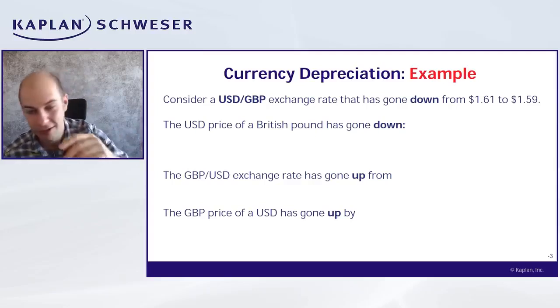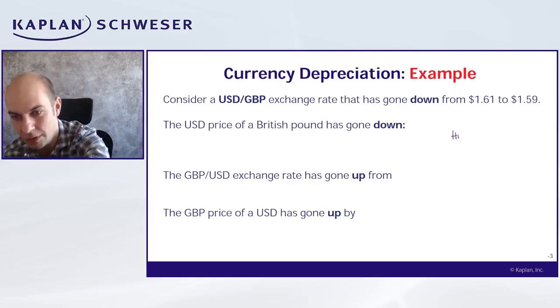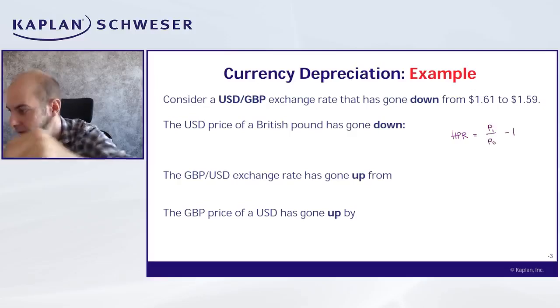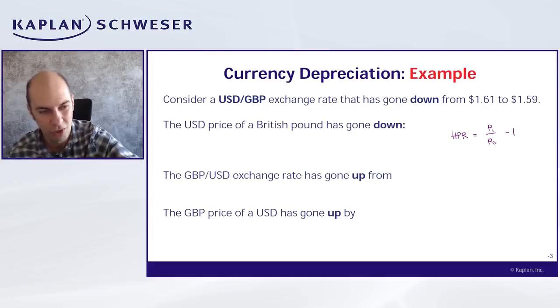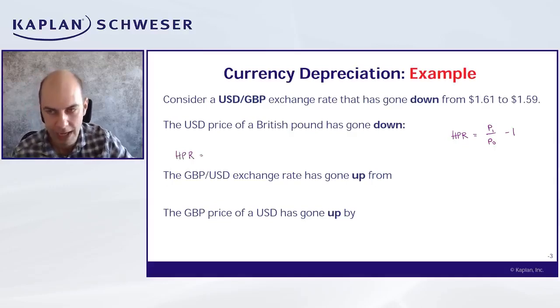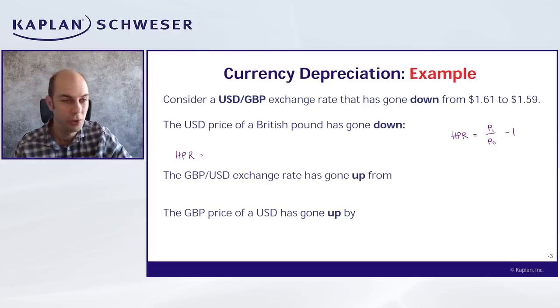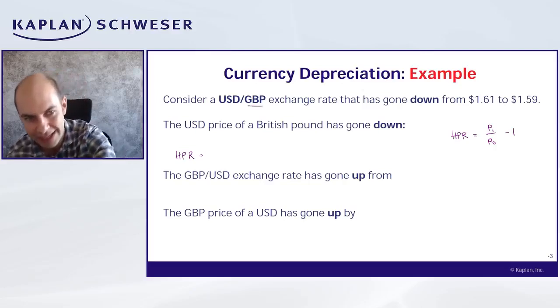Now remember, when we are calculating holding period return on anything really, we just take P1 over P0 minus 1, right? The closing price over the opening price minus 1, and that is a holding period return. So what is the HPR on the pound? The rule here is if you're calculating the HPR on the pound, you must ensure that the pound is your base currency. And yes, it is.